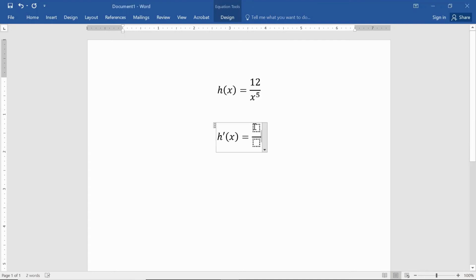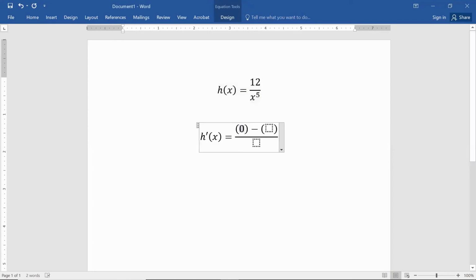So the quotient rule says we're going to take the derivative of the numerator. The derivative of the numerator is the derivative of 12. That's a constant number, so that's just 0.